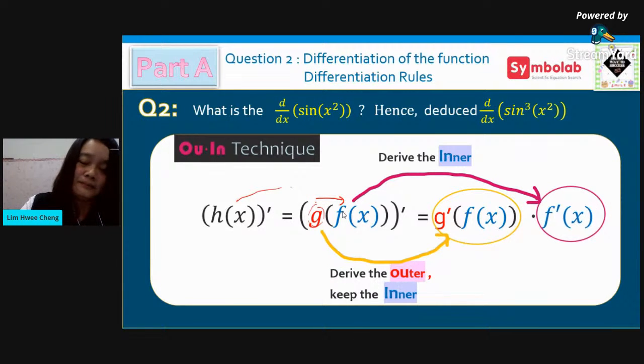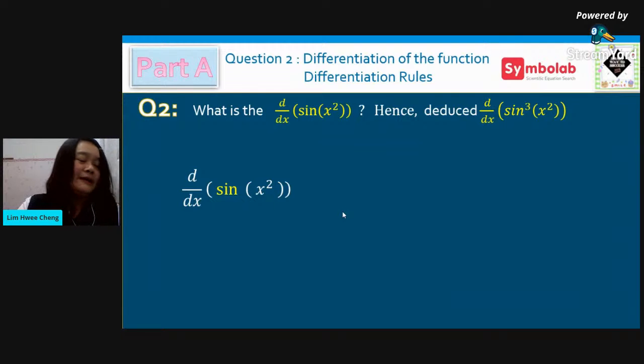Sine x square. For this case, you look at this function, sine x square. If you look carefully, you have to determine what the outer function is and what the inner function is first.